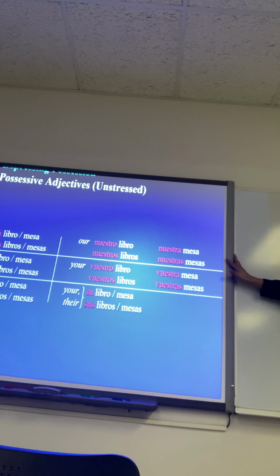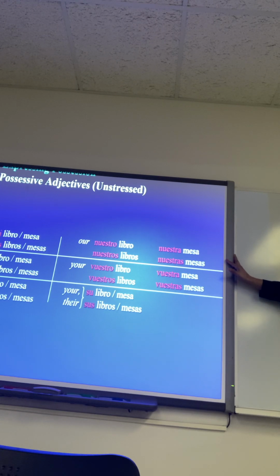Now, our. Here we also add gender, but once again, not the gender of the owner, but the gender of the object possessed. Peyton and Tyler decide to buy their Spanish book together because it's expensive, and they're always together anyway, so they're just going to share it.